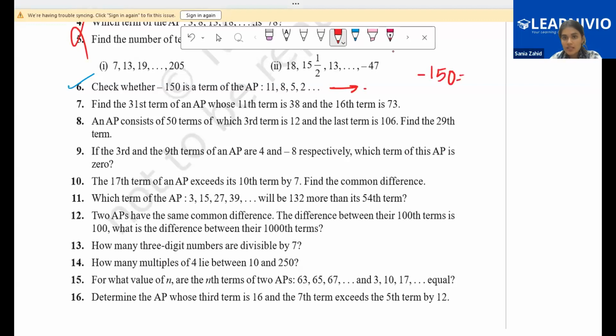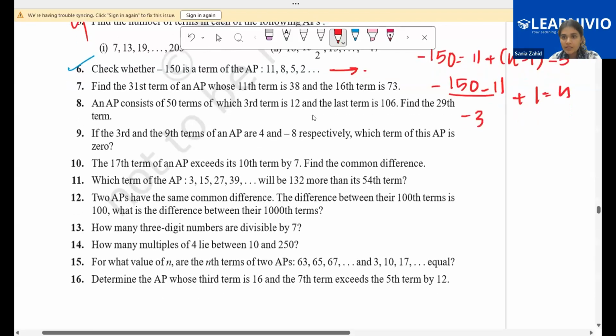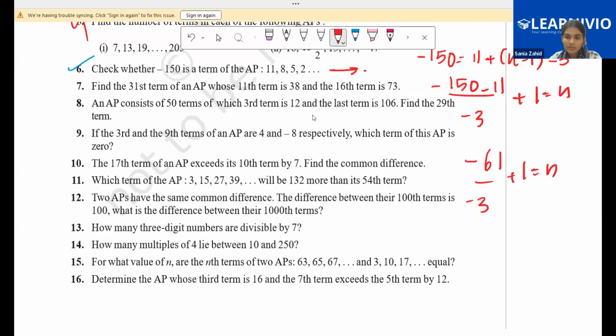So minus 150 is a plus n minus 1 into d, and d is 8 minus 11, which is minus 3. So minus 150 minus 11 divided by minus 3, plus 1 should be n. Yeah, that's not a term.